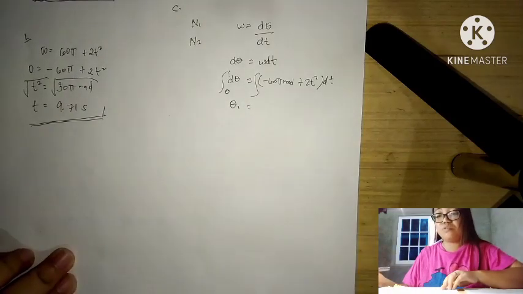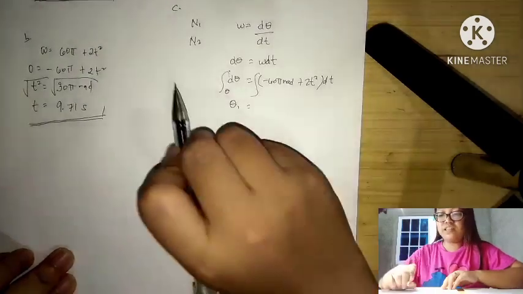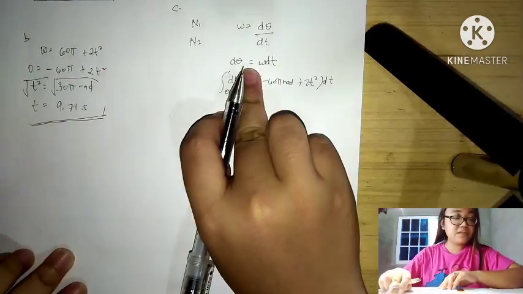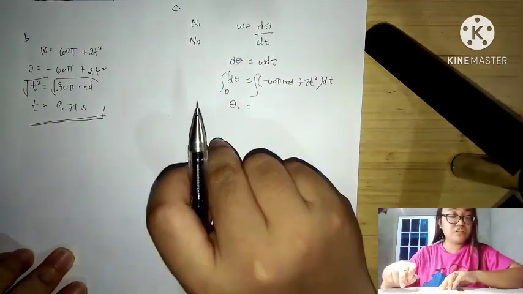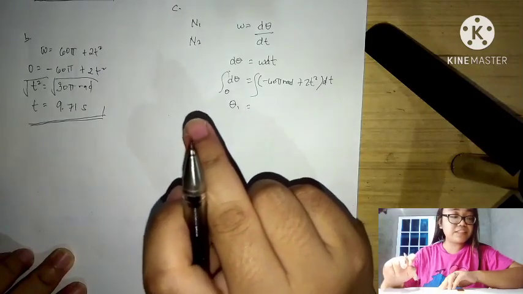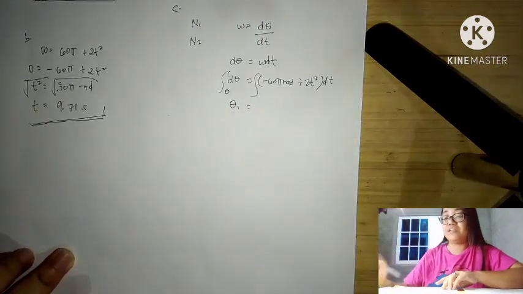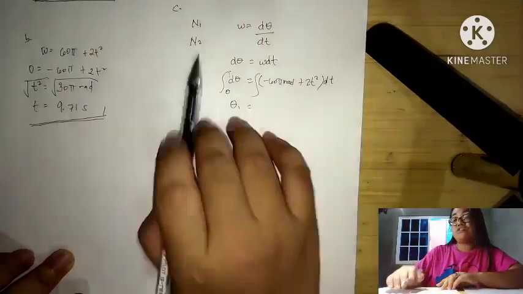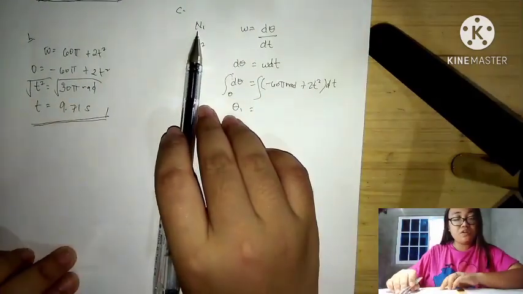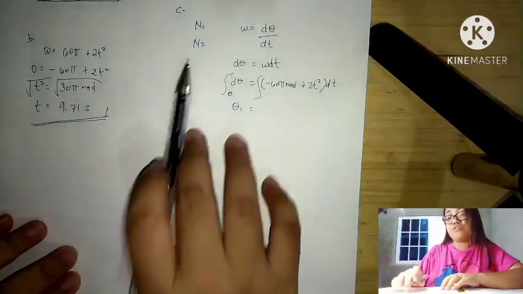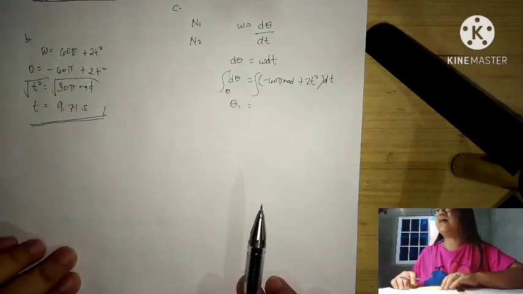Ito, naputol yung video. Yung C natin, ang hinahanap dyan is total number of revolutions, clockwise plus counterclockwise, turned by the wheel during the first 14 seconds of torque application. So, itong N1, ito yung number of revolutions clockwise, then ito yung N2, counterclockwise siya.